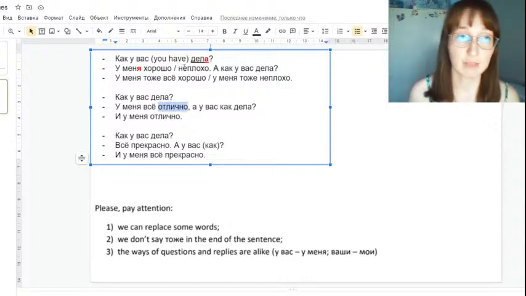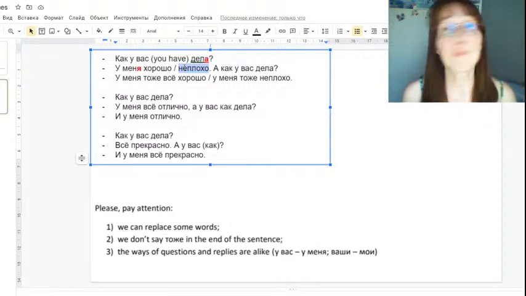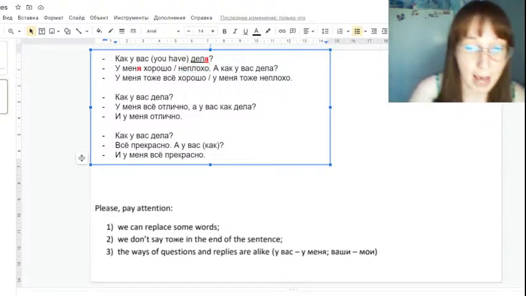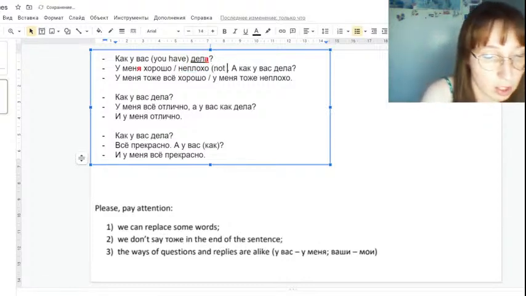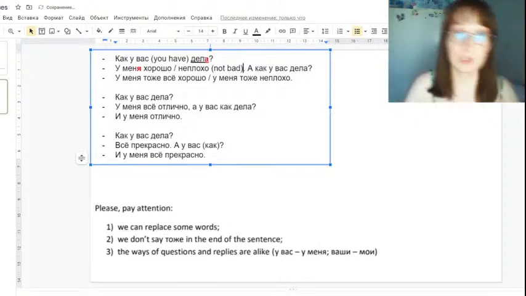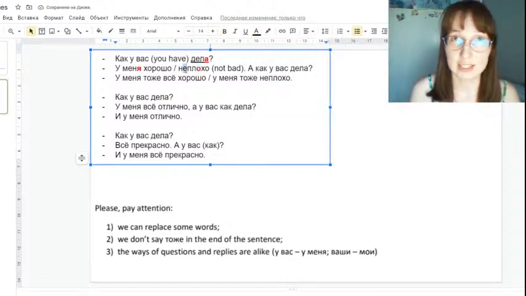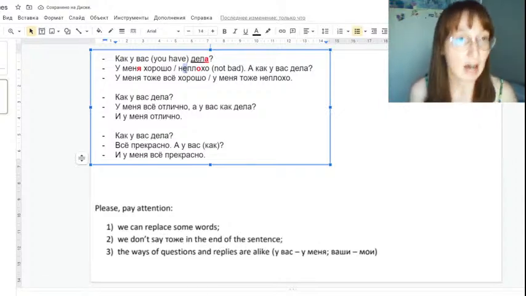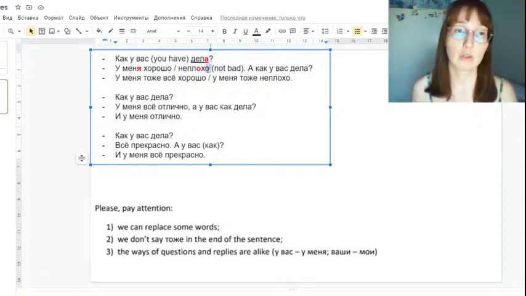It will be later. У меня неплохо. Not bad. Неплохо. O is stressed. Unstressed e here represents E sound. Unstressed O represents A sound. Неплохо.